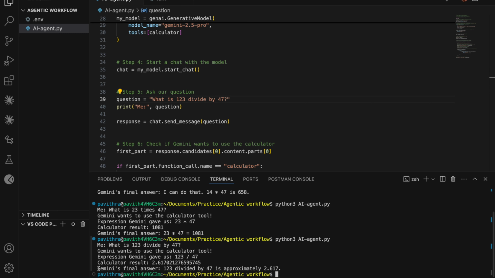The sentence has been framed using Gemini. So Gemini's final answer: 123 divided by 47 is approximately 2.617. The intelligence has been made, but with the fact that we have given it as a tool. So this is what an agent actually does.